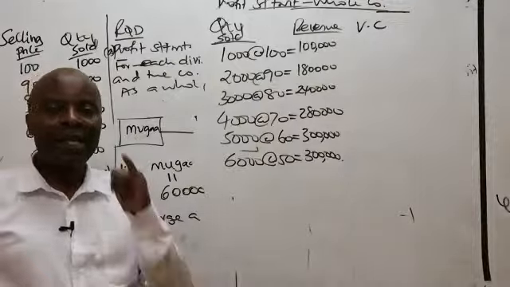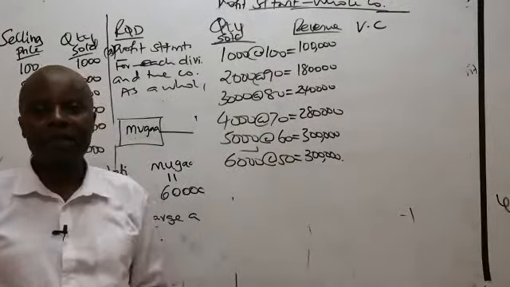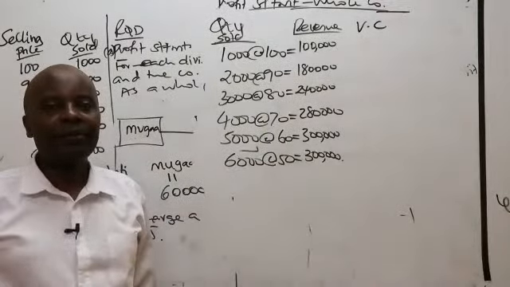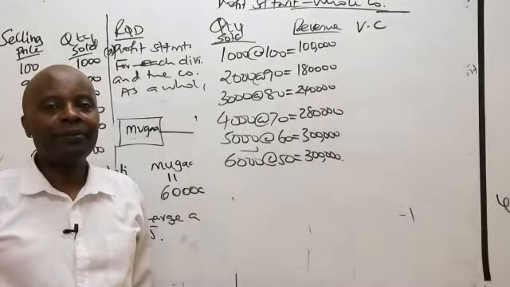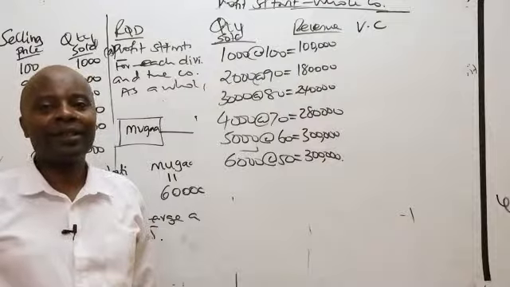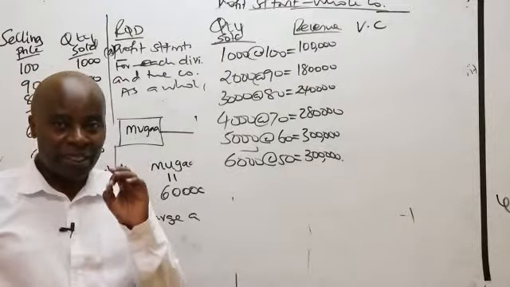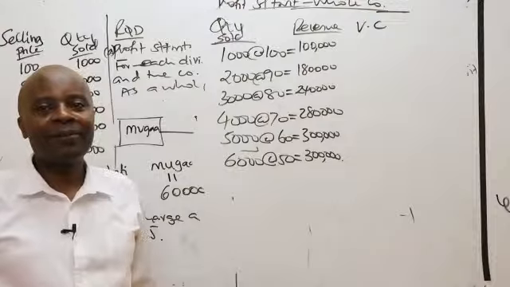It is 18 per unit for the whole company: 11 plus 7, 18. Faith is saying 53. Any other suggestion?